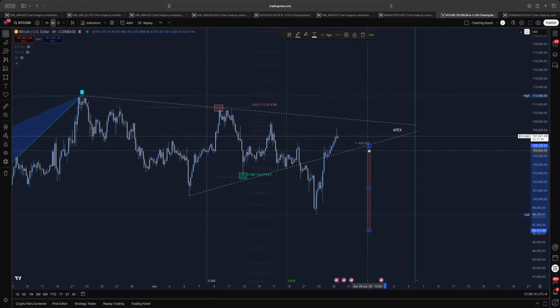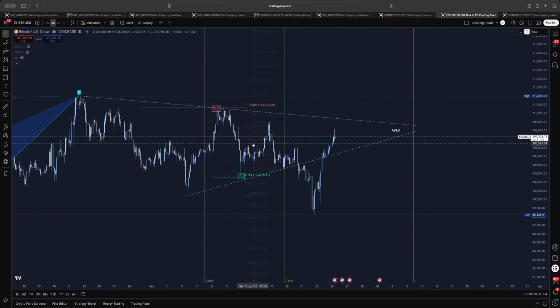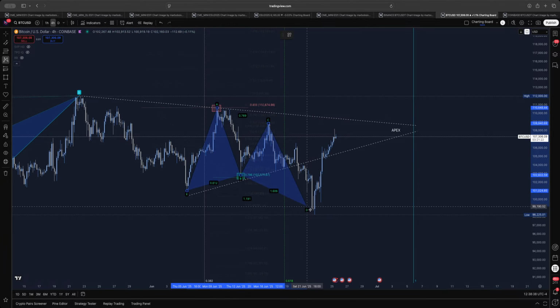However, the reason why we highlighted these levels was that breaking either of these data points will present a W or an M formation, where in this case we certainly encounter an M formation for a bullish butterfly that took place at the 98,000 region.